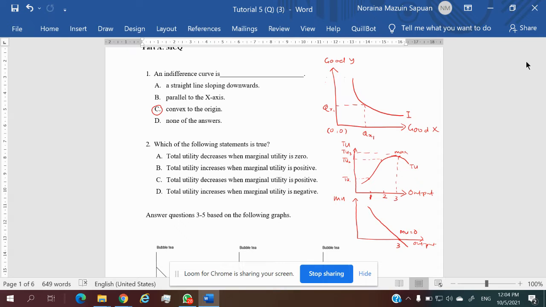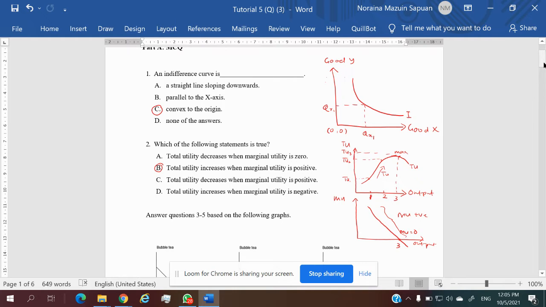After that your marginal utility will decline to a negative value, right? So the best answer is total utility increases when marginal utility is positive. This is the area where your marginal utility is positive. You can see that when marginal utility is positive, your total utility is increasing. So the answer is B.